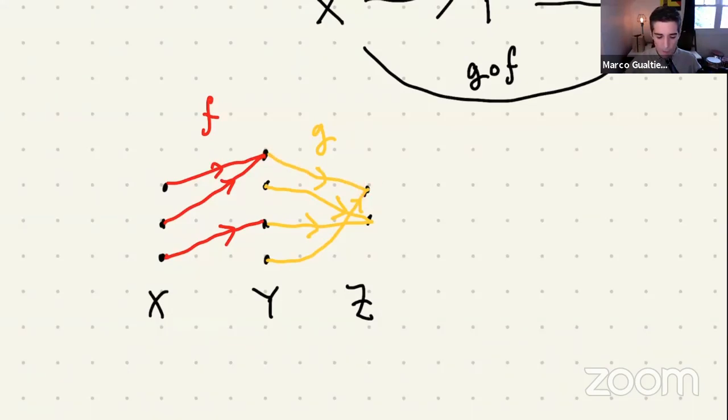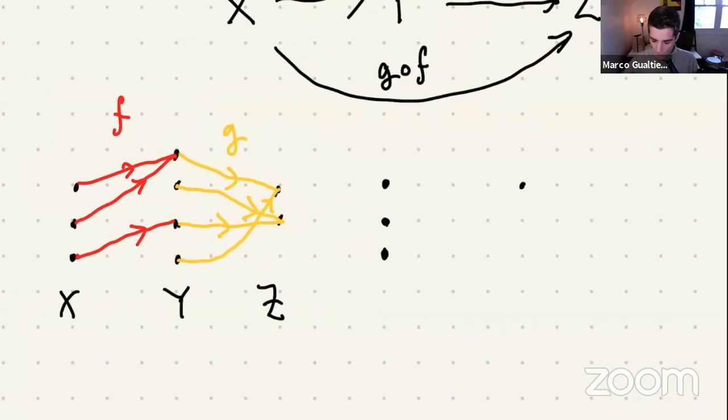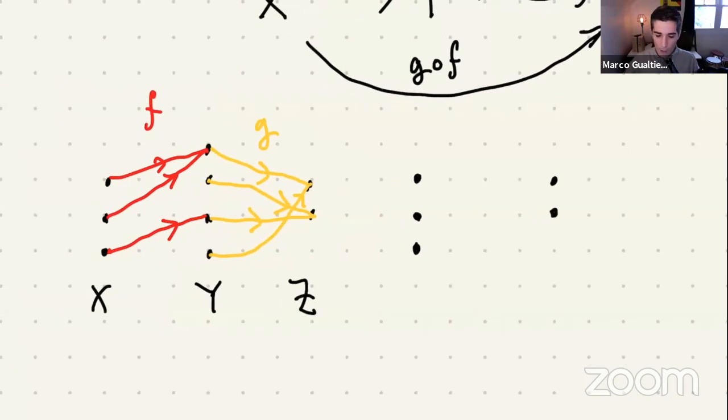So in the composite, this point would be sent here. On the other hand, this point is sent up here, and G sends that here.